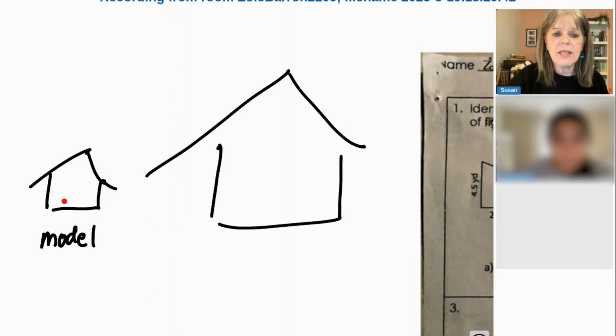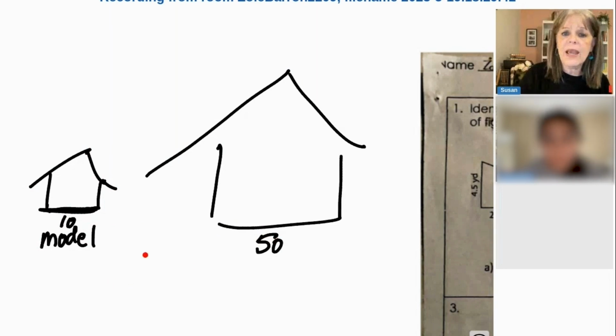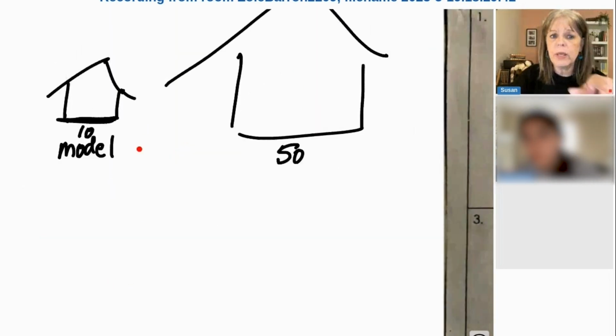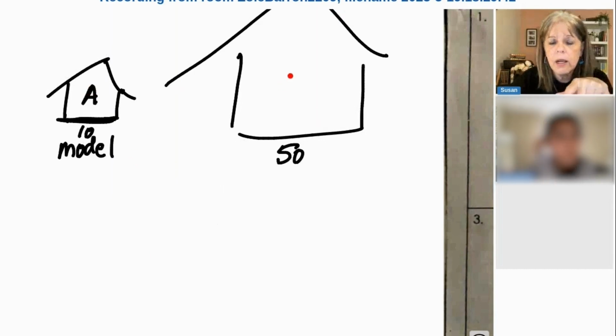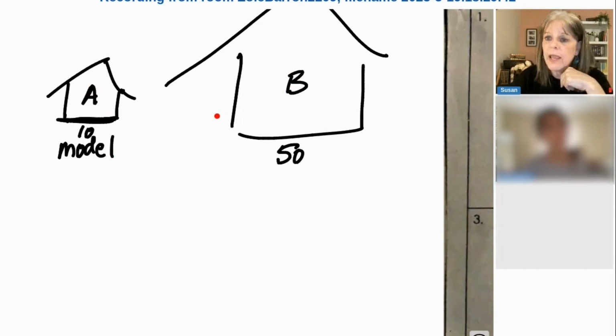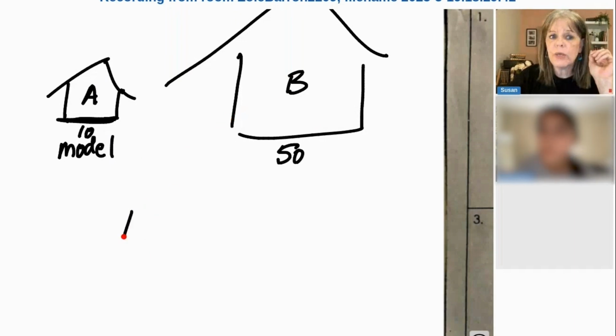So let's say this house on the bottom here was 10 feet, but this house was 50 feet. Well, the scale in that case would be, if this were house A and this were house B, the scale factor, the ratio of one to the other would be 10 to 50.